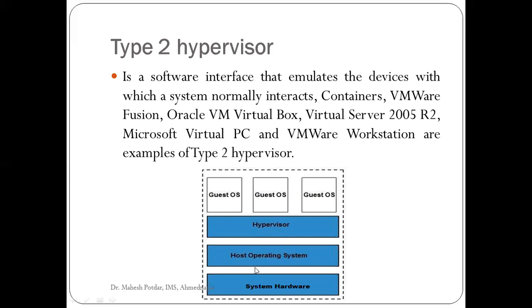Similarly here, in type 1 hypervisor, you take a brand new laptop and install the hypervisor software directly, no operating system. Here in type 2, you take the system hardware and then install a single operating system. That operating system is called the host operating system. And based on that host operating system, you install the hypervisor software.